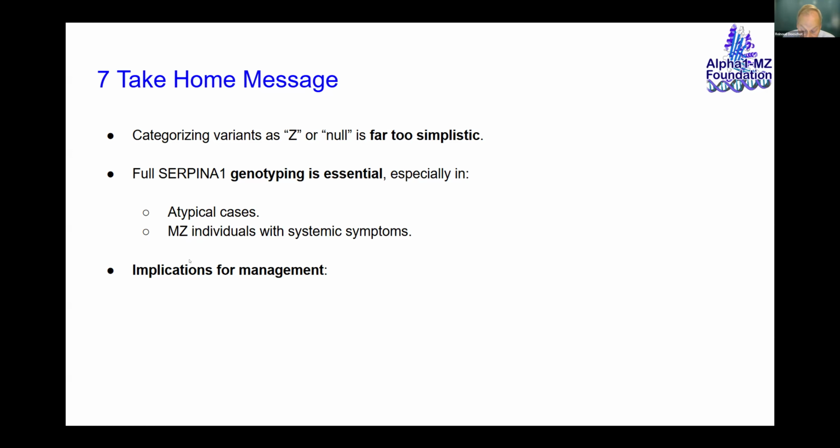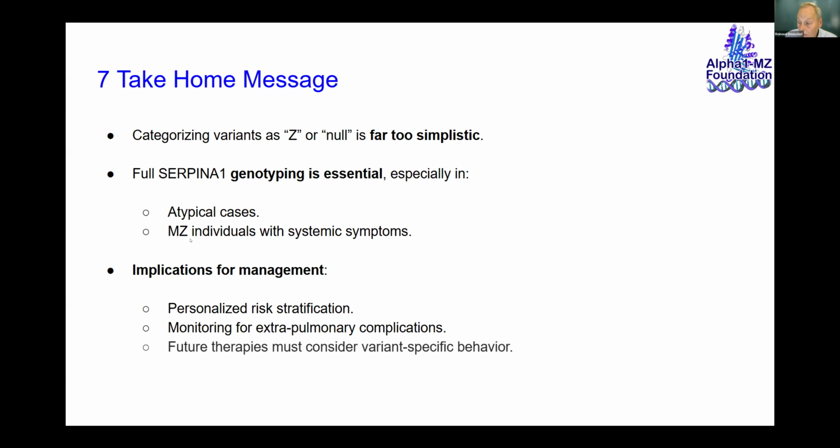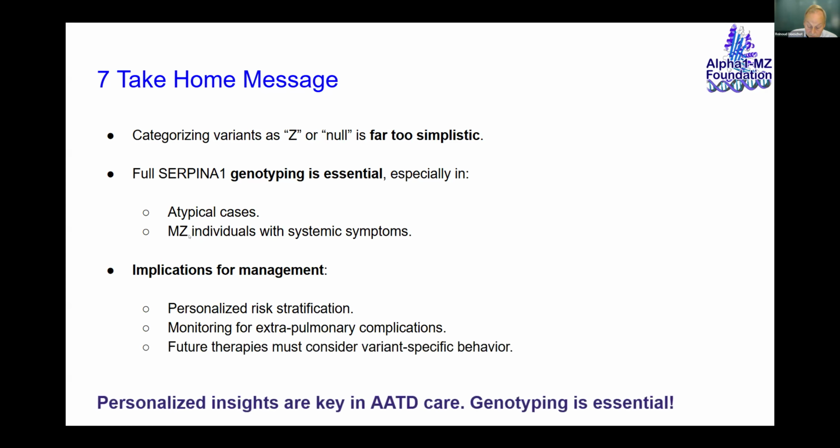This has direct implications for patient care. It allows personalized risk assessment, careful monitoring for complications beyond liver and lungs, and ensures that future gene editing strategies take variant-specific behavior into account. The message is clear.